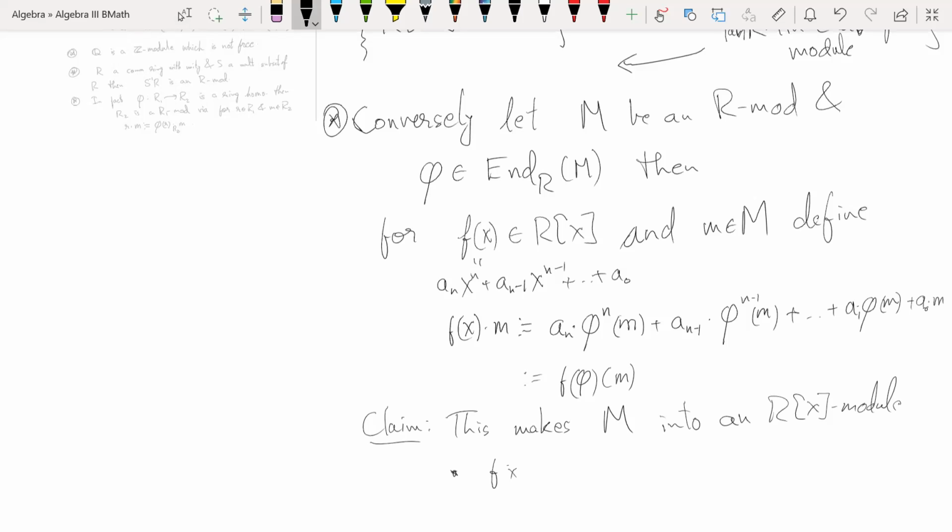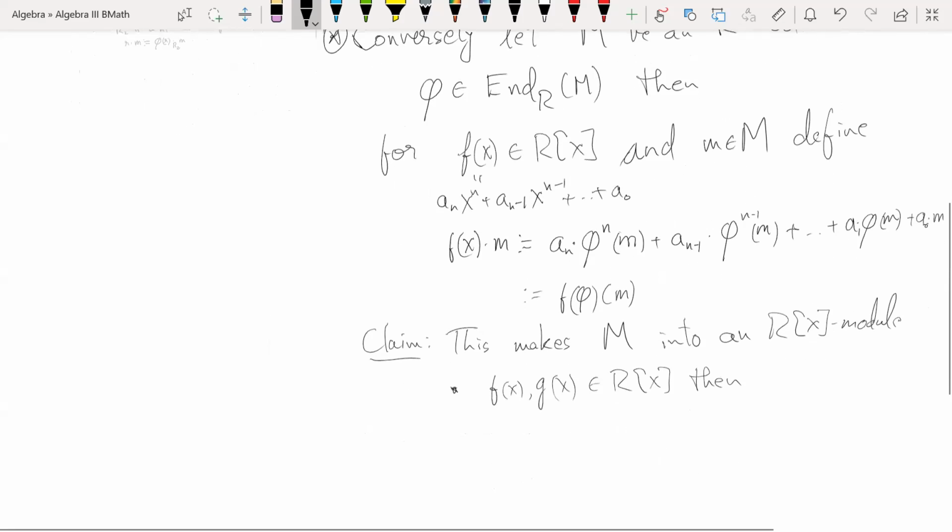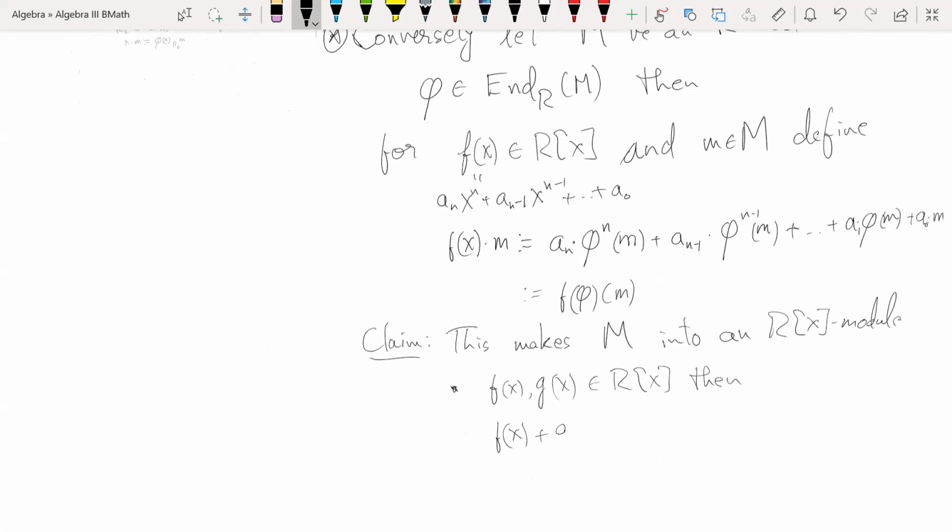So f(x) plus g(x) belongs to R[x], and then the action of f(x) plus g(x) on M is by definition (f plus g) evaluated at phi, and then you evaluate it at m.